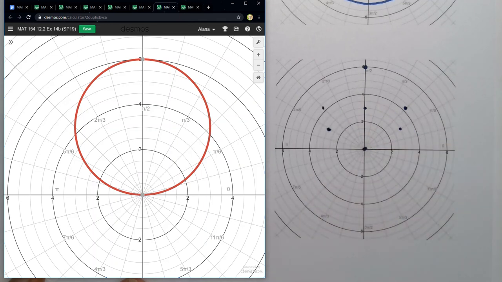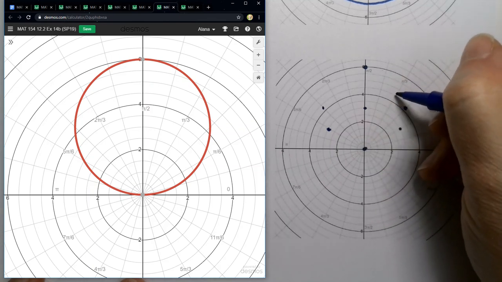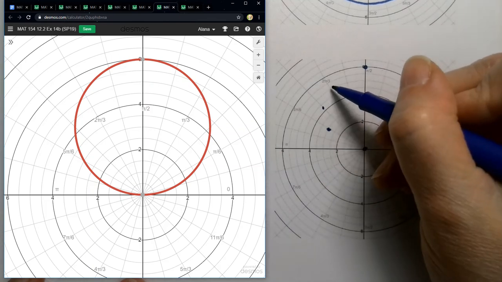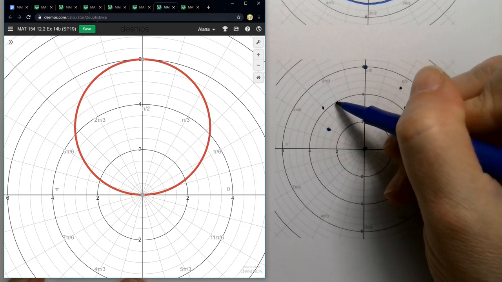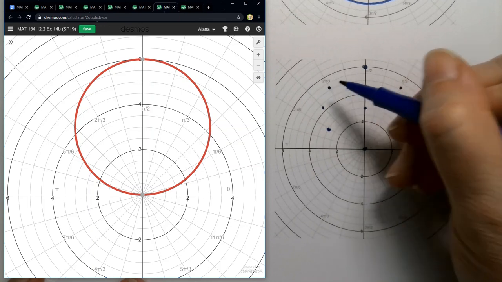And then let's see what else we got. At 2 pi over 3 and pi over 3, it looks like it's just past the 5 ring. So on this radial line, I'm going to go out past 5, just a touch. See, that's 4, 4.5, 5. So it's just past 5 on the 2 pi over 3 ring.